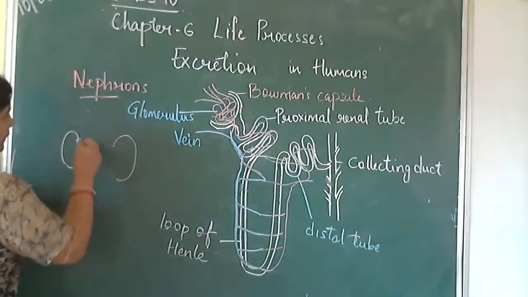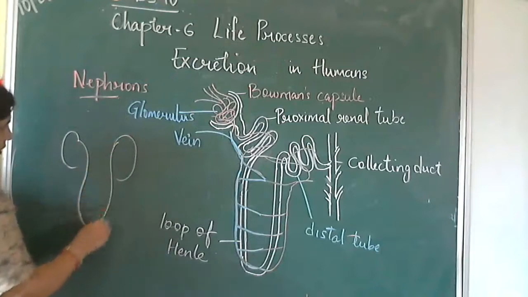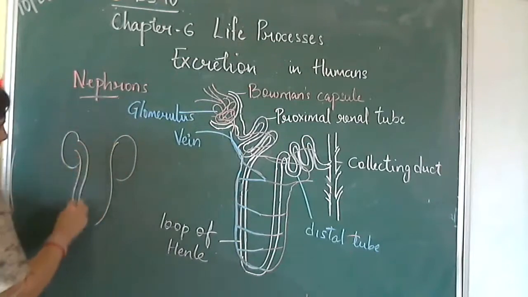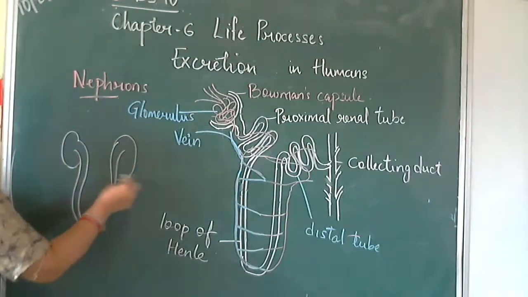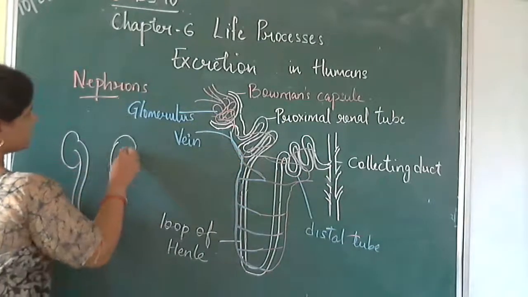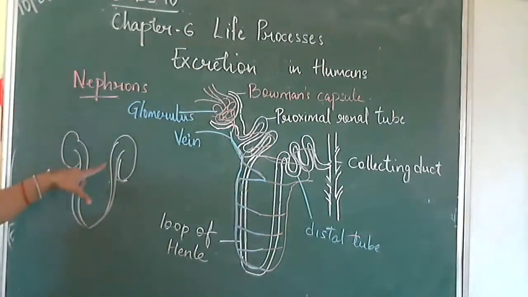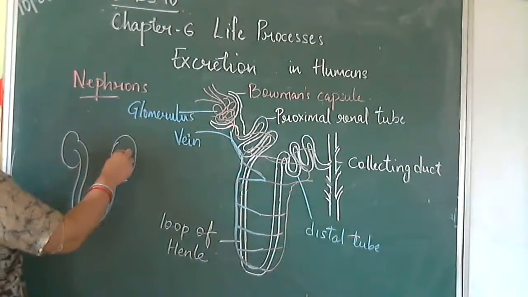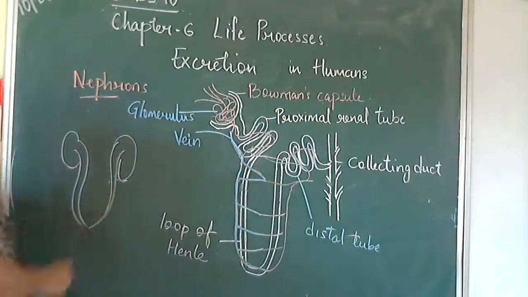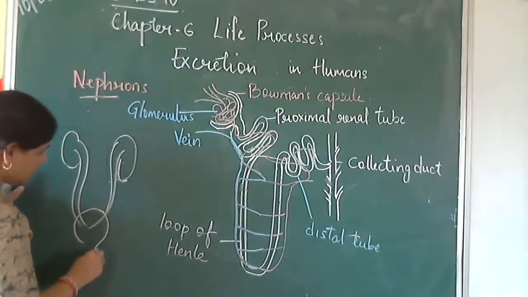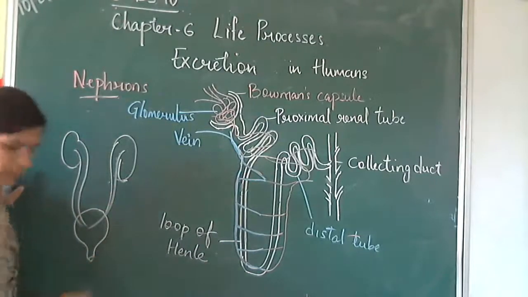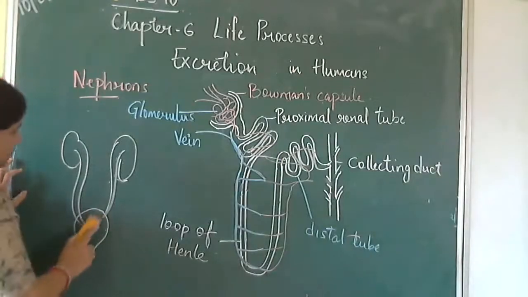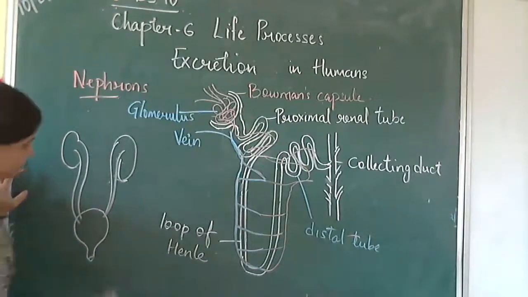So here, if I draw a simple diagram, many such collecting ducts will form your ureters, children. Understood? So they'll come and form the ureters. In the ureters, the urine will be passed and it will be stored in the urinary bladder. Okay, it will be stored in the urinary bladder.